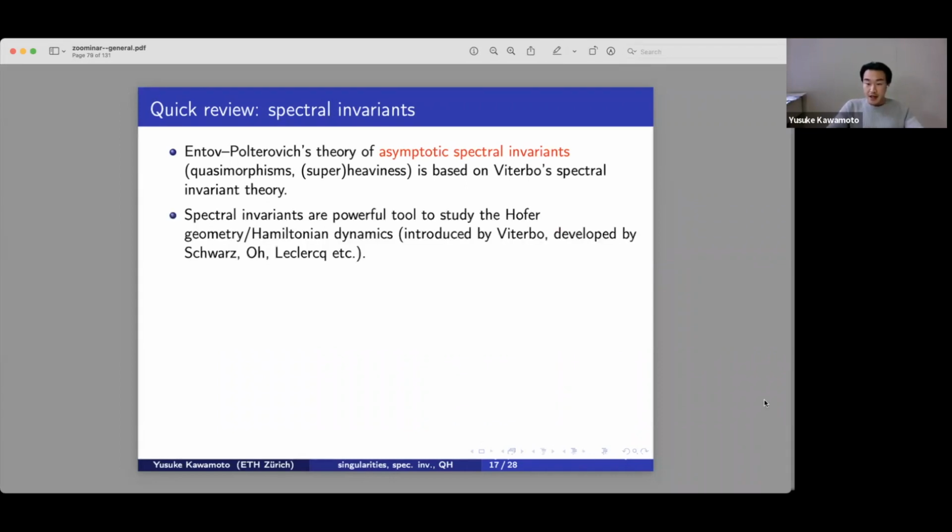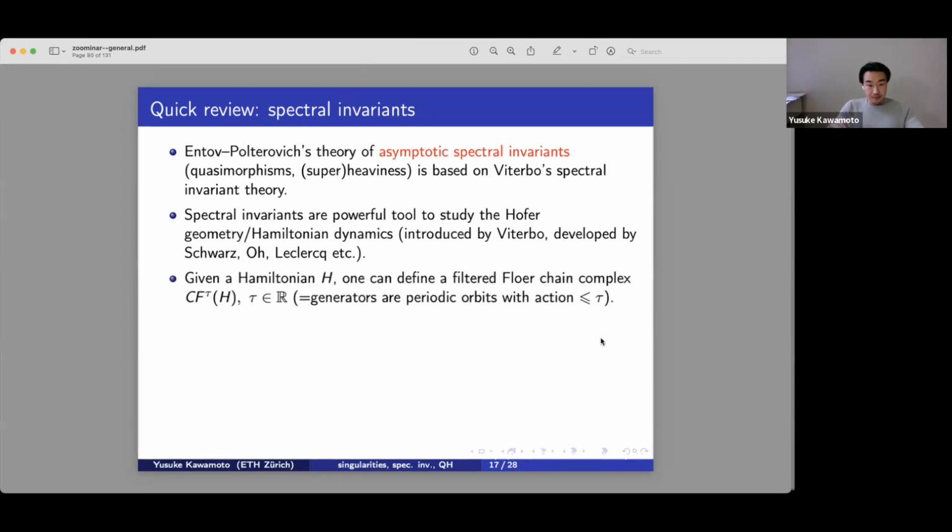And these things are actually powerful tools to study the Hofer geometry and Hamiltonian dynamics. It's been developed by many people. And the construction goes as follows. You start from a Hamiltonian H on your symplectic manifold, and you build a filtered Floer chain complex.